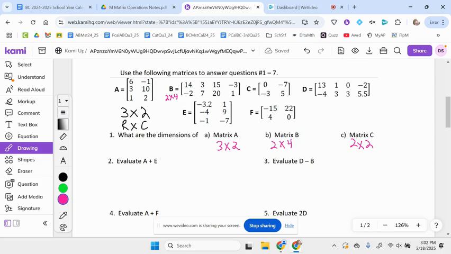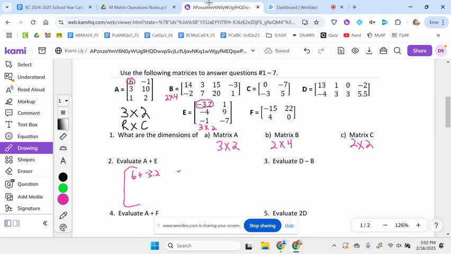Now, adding matrices is the most Mickey Mouse operation ever. First of all, the only way you can add matrices is if their dimensions are spot on. Meaning, if I add A plus C, I add the elements together in each equal position. That's in row 1, column 1, add 6 and negative 3.2.